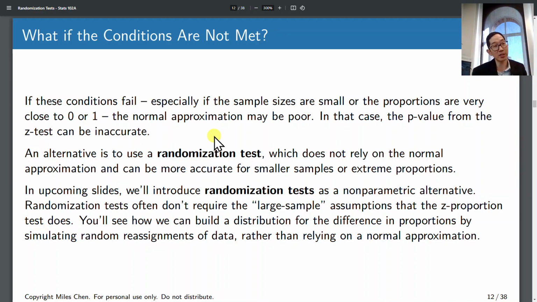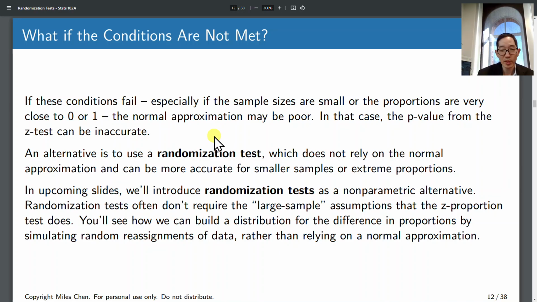In that case, your p-values could end up being inaccurate, could be wrong. So what we can do instead is a randomization test, and that's what we're going to take a look at. Randomization tests don't rely on the normal approximation, and they're going to be accurate for smaller sample sizes. For big populations, the randomization test is also going to be accurate.